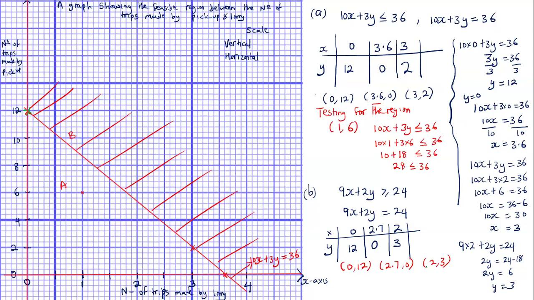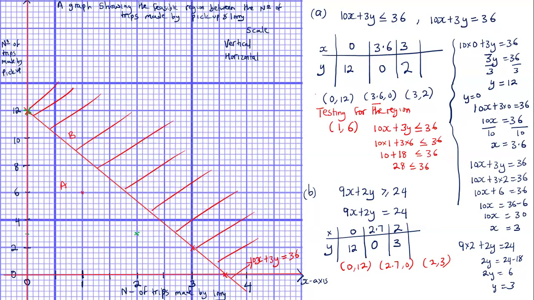Then 2 and 3, 2 is here, and now my 3 for y. Remember I have used a scale of 2, meaning that here my 3 is going to be in the middle. So I'll come and say this is 2, my 3 is going to be in the middle here. So it will be somewhere here.